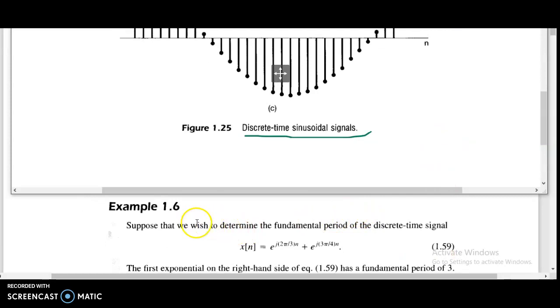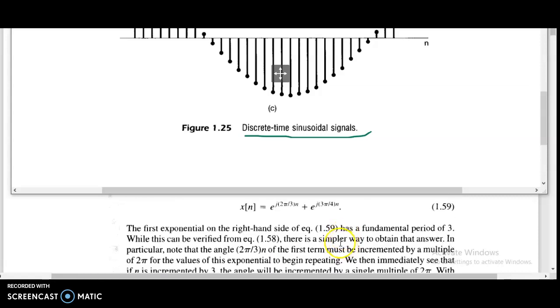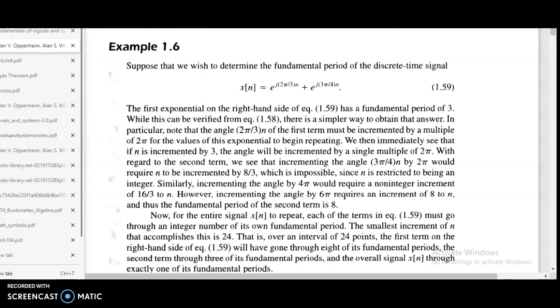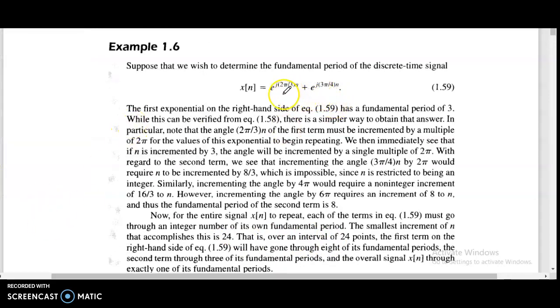Okay, example. Suppose that we wish to determine the fundamental period of the discrete time signal x of n equal to e power j of 2 pi divided by 3 times n plus e power j of 3 pi divided by 4 times n. Here, the first exponential on the right hand side of the equation 1.59 has fundamental period of 3.